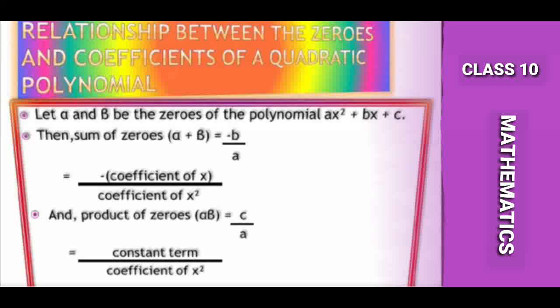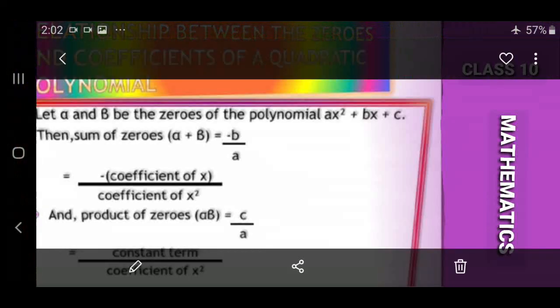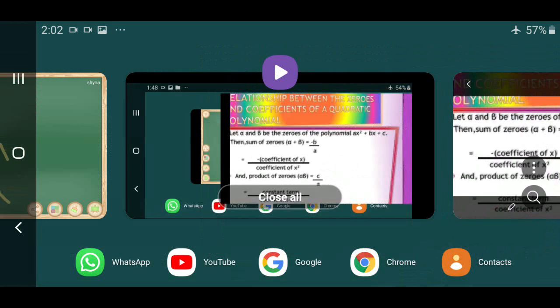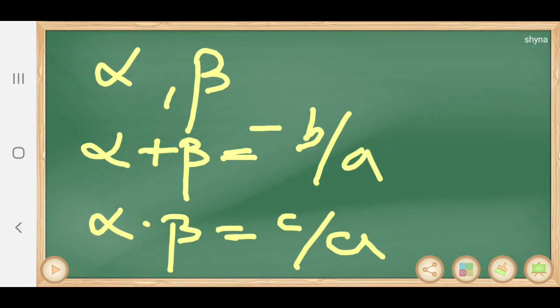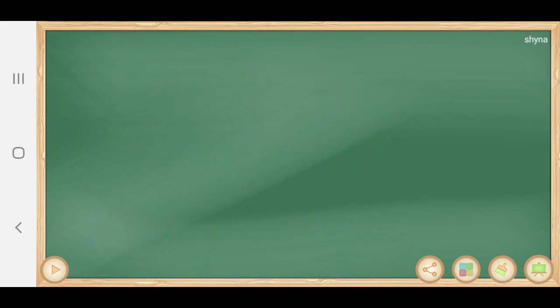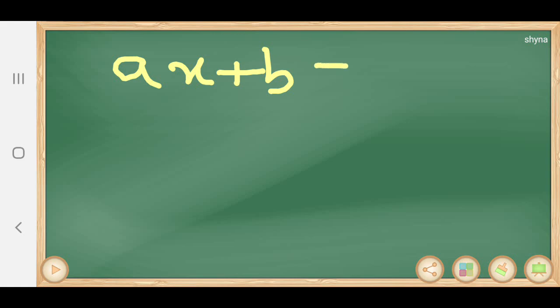Before starting quadratic polynomials, we can start from the linear polynomial. We all know that ax plus b is the general form of a linear polynomial. If we write the linear polynomial equation, we can write ax plus b equal to 0.